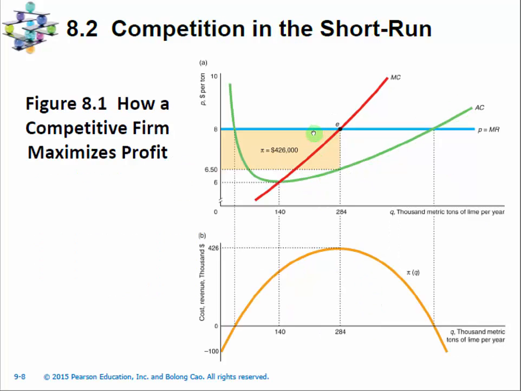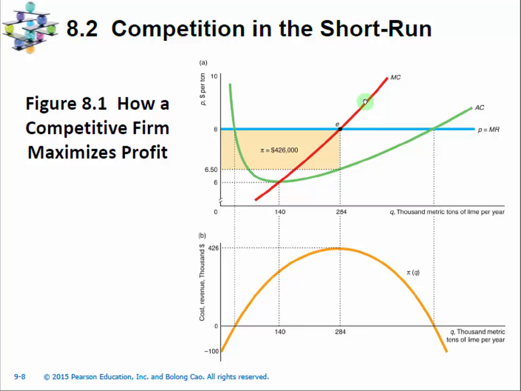The story is the same here. Before the quantity of 284 units, you have marginal revenue above marginal cost. Then the marginal profit is positive until it hits 0, so your total profit keeps rising until this point. And beyond 284 units, you have marginal cost above marginal revenue.